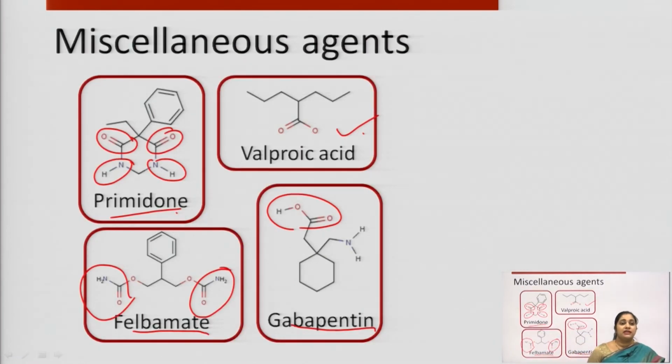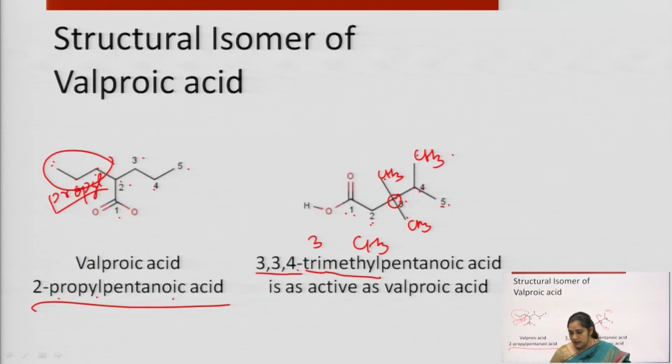Further, among the miscellaneous agents, we have primidone with 2 ketonic groups and 2 NH groups, valproic acid, then felbamate with the CONH2 group, and gabapentin with a carboxylic group.